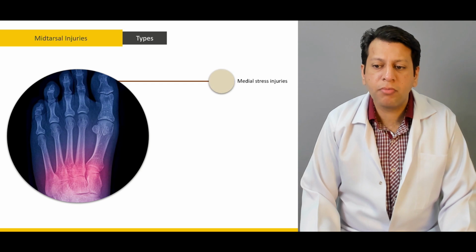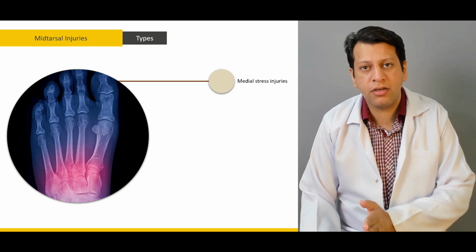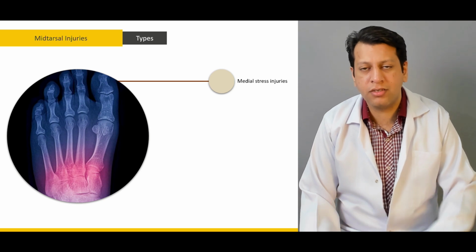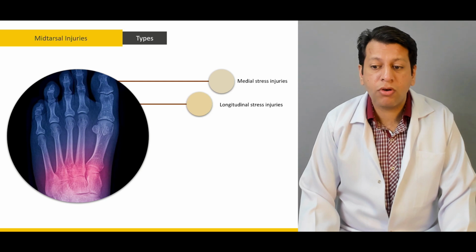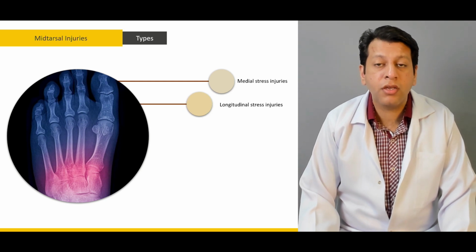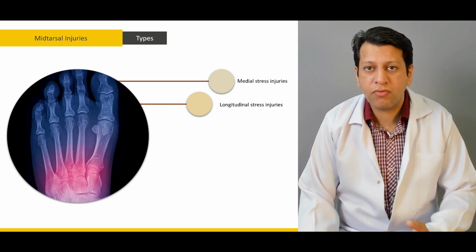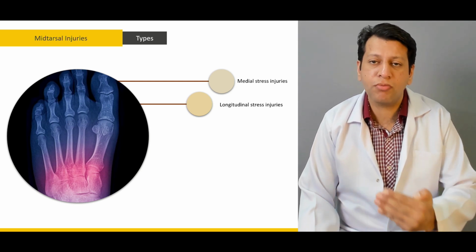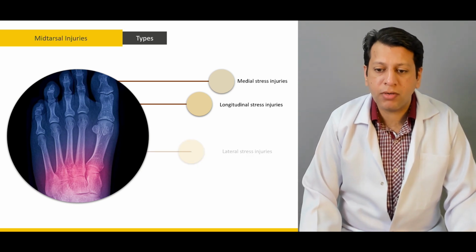For example, there could be medial stress injuries, which may occur in the talocalcaneal area or mainly in the navicular. There could be longitudinal stress injuries, which could be ligamentous injuries going anterior to posterior, for example injuries between the middle cuneiforms.